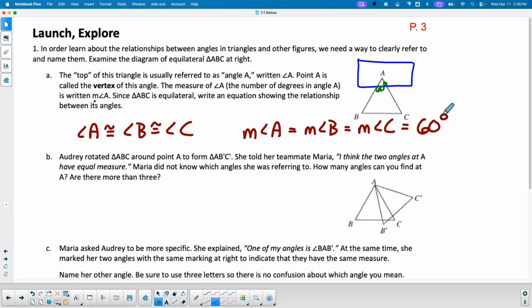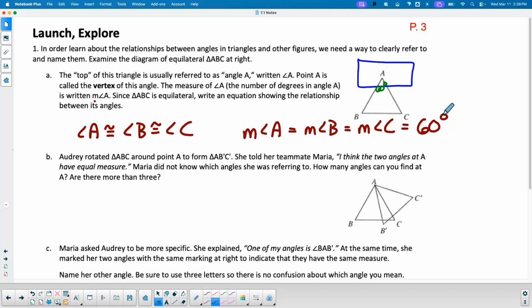Now, if I have one angle, like at angle A, at angle B, and angle C, if I only have one angle there, I can use a single letter to describe it, to name it, if you will.